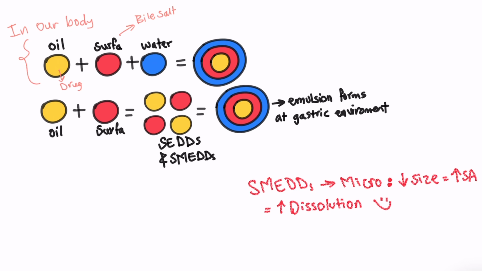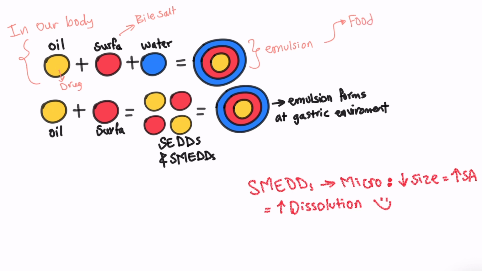If we administer the drug into our body with fatty meals, what happens is that the drug, with the bile salt and the water all together, will form something called emulsion, which has better absorption and bioavailability than the poorly water-soluble drugs.